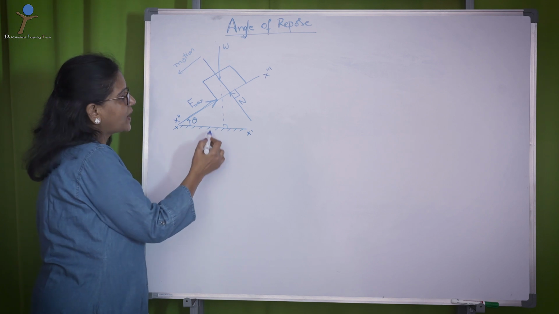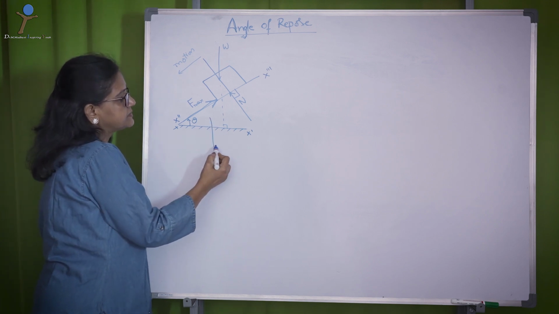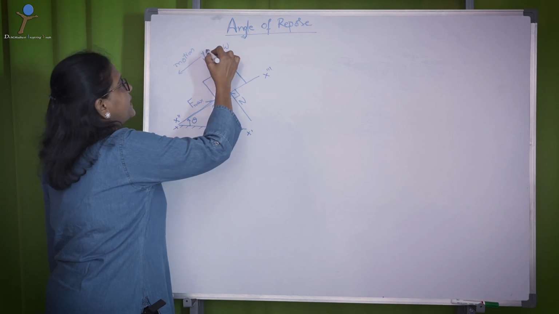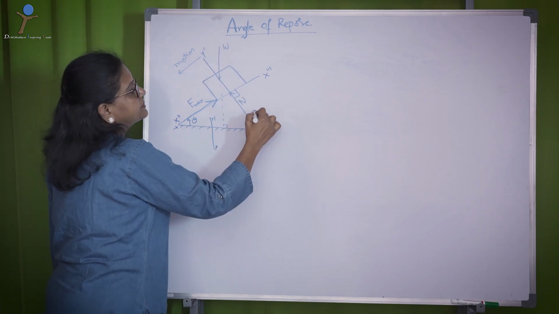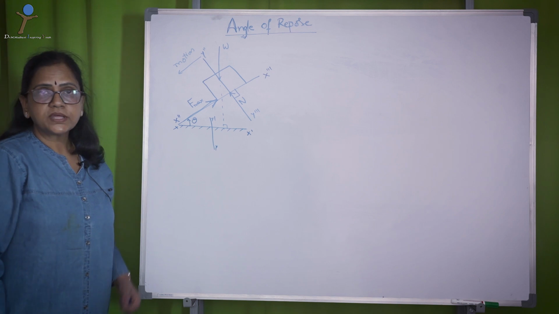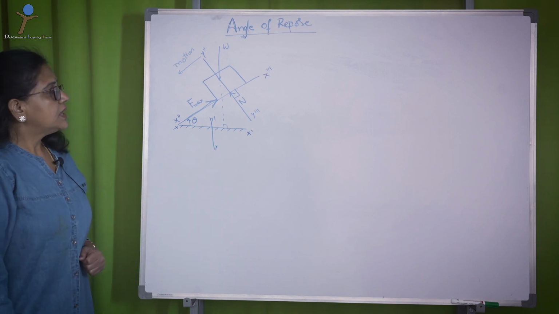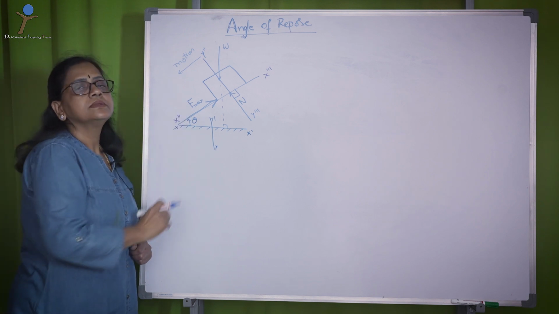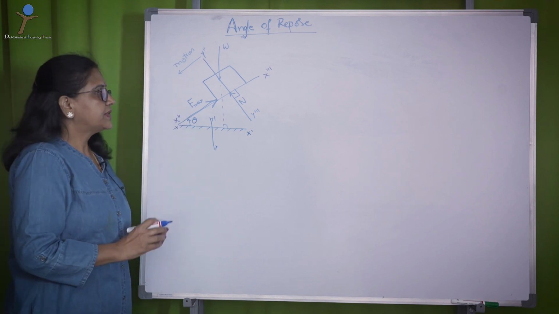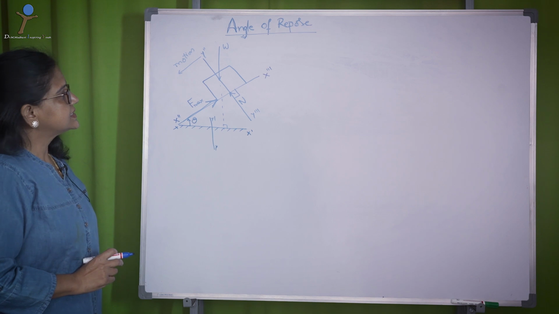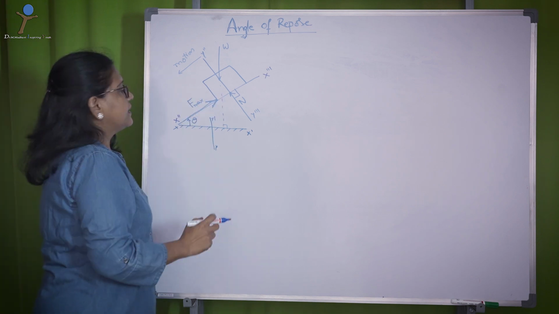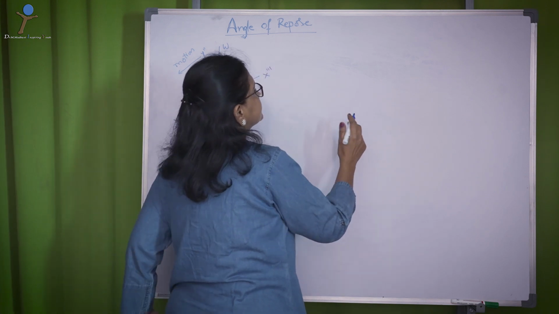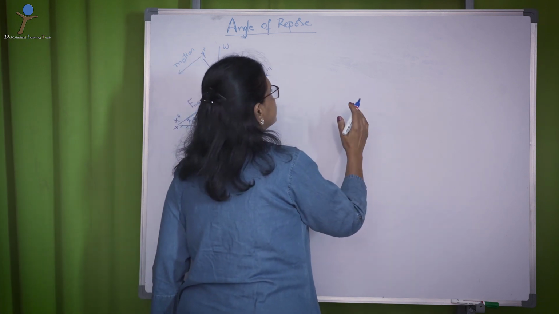If I take the y axis, this becomes y dash and this becomes y double dash and y triple dash. So, there are two axes here. Let us resolve all the forces on one axis. For example, I shall consider x double dash, x triple dash as the axis for all the forces.